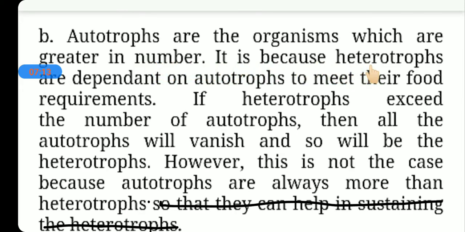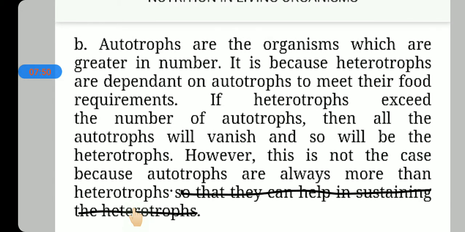It is because heterotrophs directly or indirectly depend on autotrophs to meet their food requirement. If heterotrophs exceeded the number of autotrophs, then all the autotrophs would vanish, and so would the heterotrophs. However, this is not the case because autotrophs are always more than the heterotrophs. That is, the producer is always greater than the consumer.